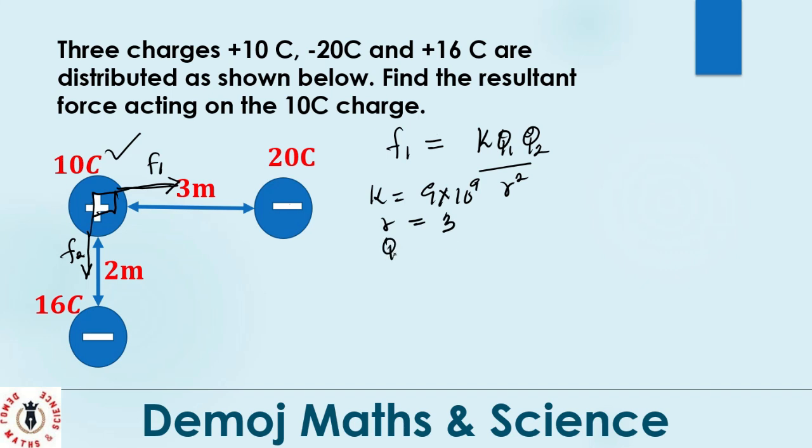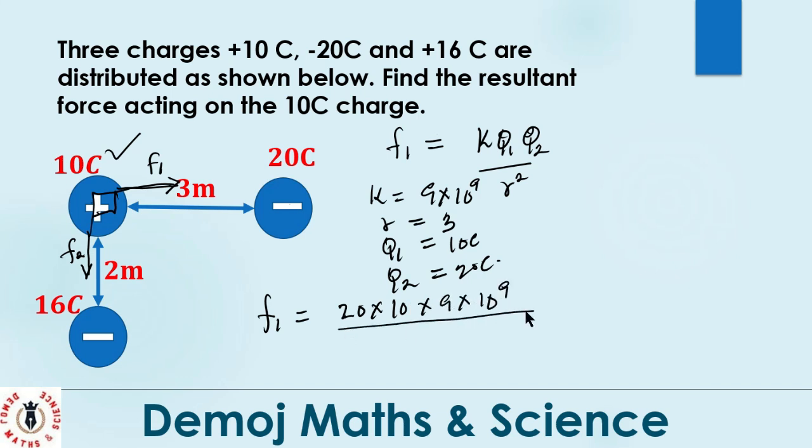Then we can tag our Q1 to be 10 coulombs and Q2 to be 20 coulombs. So that my force F1 this time around will be given as 20 times 10 times 9 times 10 raised to power 9 all over 3 times 3.